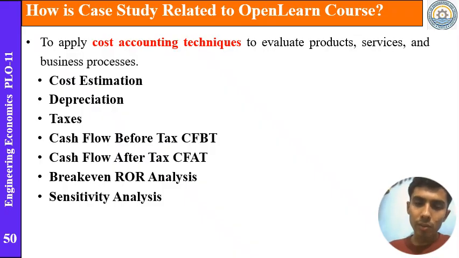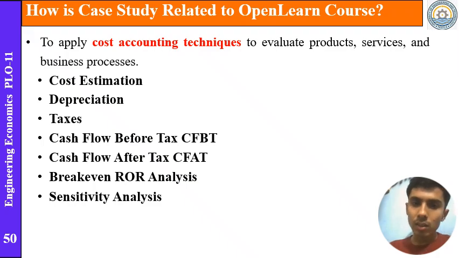After calculating the depreciation for both options, I found the taxes involved for both cases, and then I made the cash flow tables before taxes as well as right after taxes. So CFAT and CFBT, these were the cash flow diagrams that I calculated, with the accumulation of the taxes.